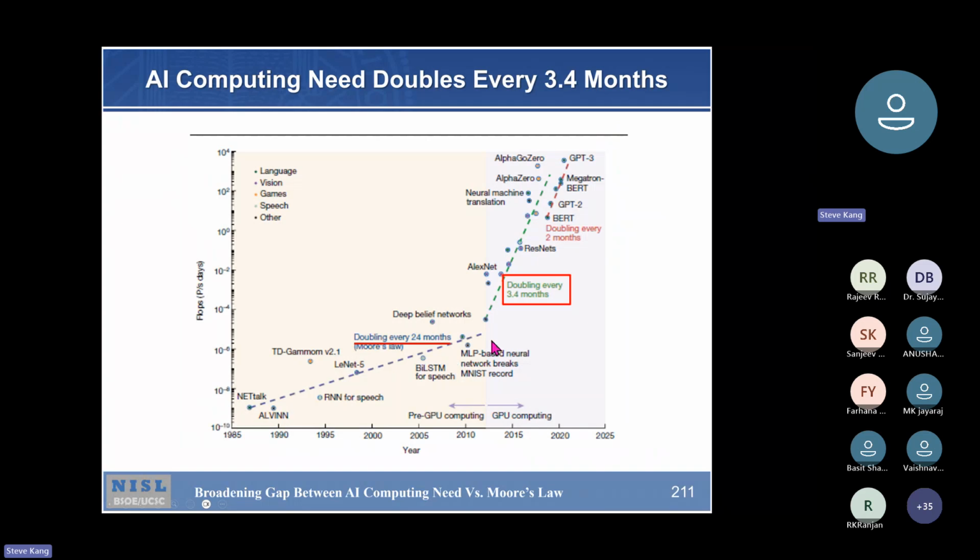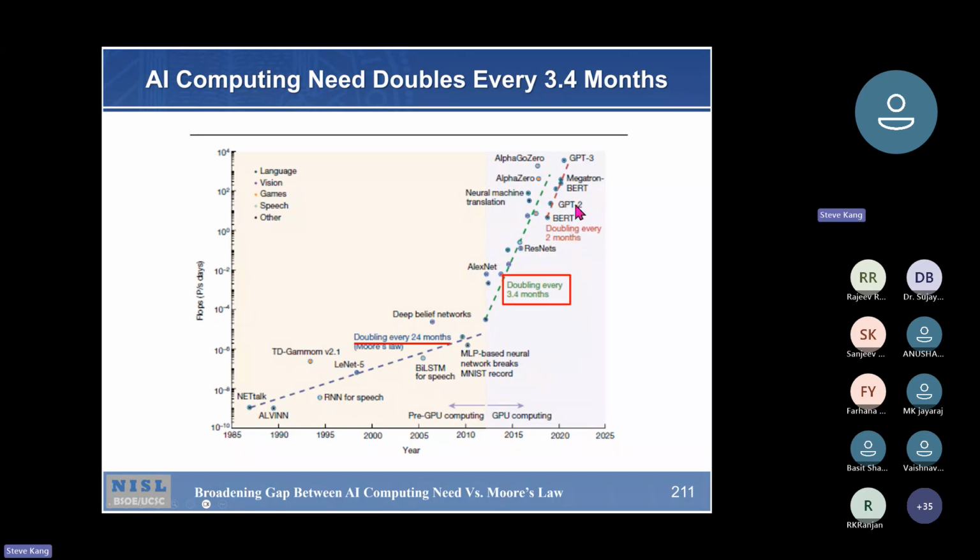If you look at Moore's law and chip development, the complexity of a chip doubles every 24 months, right? The number of transistors you can put into a single chip doubles every 24 months. But in AI, GPT, GPT-3, 4, etc., is doubling every 2 months.